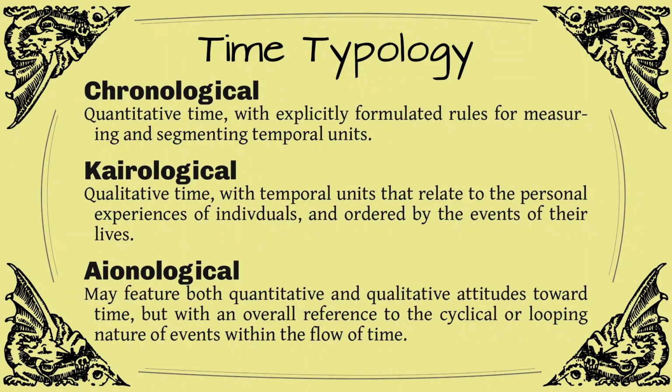And then we might also talk about the analogical time, from aion, from the Greek, and that may feature both quantitative and qualitative attitudes towards time, but with an overall reference towards the cyclical or looping nature of events. So when we talk about the cycle of day and night, we'll get to that as a more iterative look at looping time.